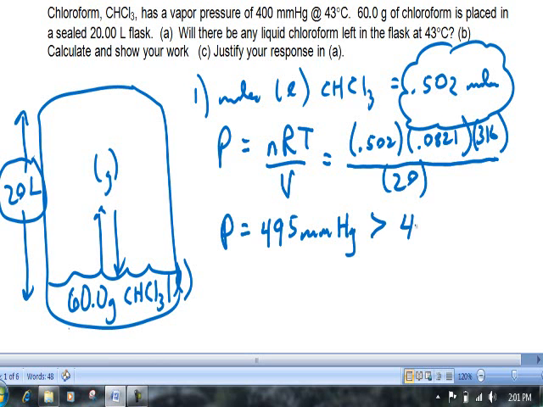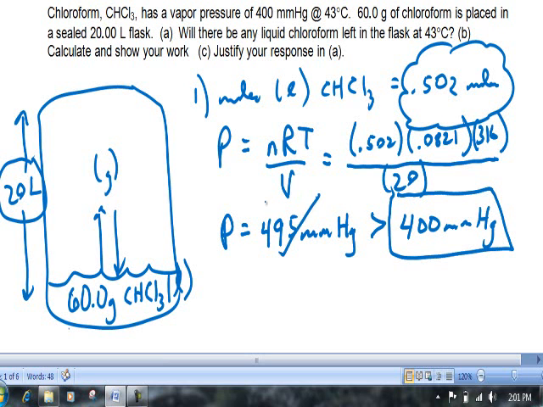This is greater than the vapor pressure of 400 millimeters mercury. What this tells us is that there's more than sufficient material present to reach the vapor pressure. Reason being, once we hit 400 millimeters mercury, the pressure cannot go above that because we've reached the saturation point in our container for the maximum amount of gaseous material for this liquid that can exist there at this temperature.